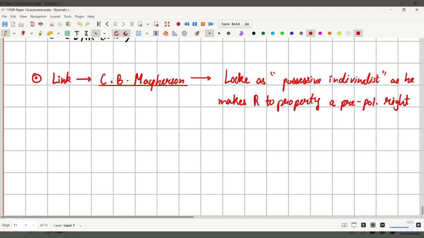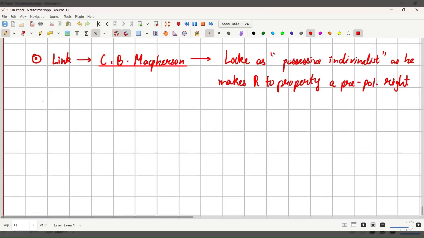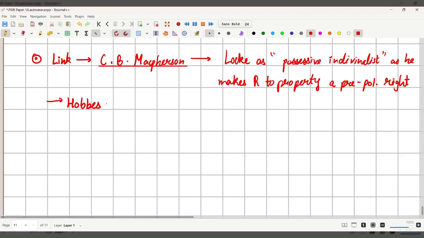Then you can also compare him with Hobbes. While Hobbes says that liberty is where law is silent, on the contrary, Locke asserts that where there is no law, there is no liberty.